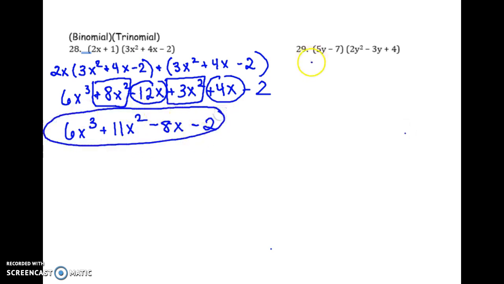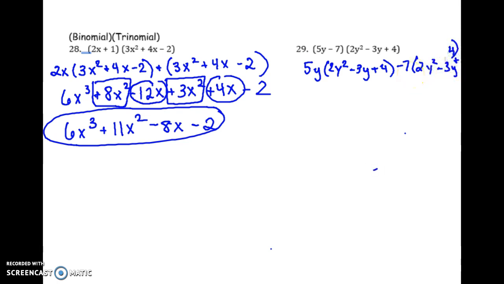All right, this one, it's important you rewrite it. I would rewrite it: 2y squared minus 3y plus 4, and then minus 7 times the same thing. So we've got 2y squared minus 3y plus 4. Whoops, running out of space here.